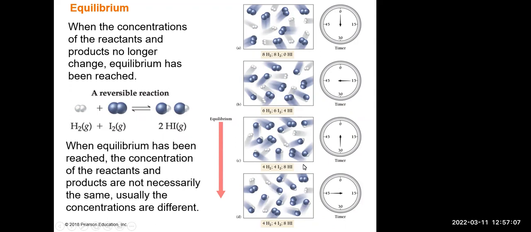At 30 seconds, we have this ratio in the mixture: 4 H2, 4 I2, 8 HI. Even after some time, like 45 seconds, we still have the same ratio. So we know that after 30 seconds, for this example, it has established equilibrium.